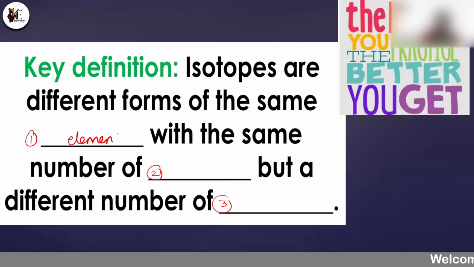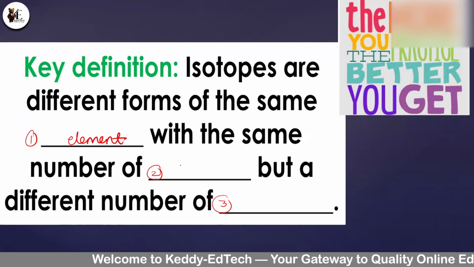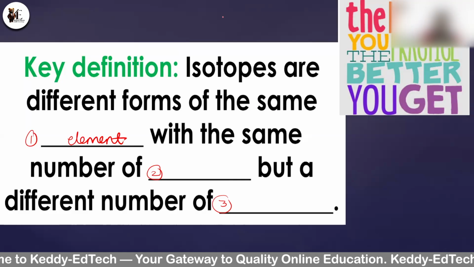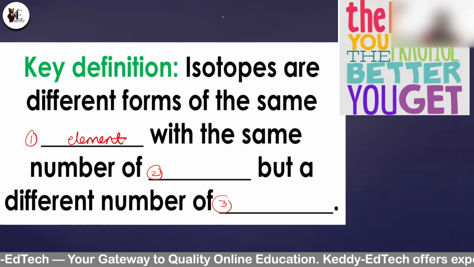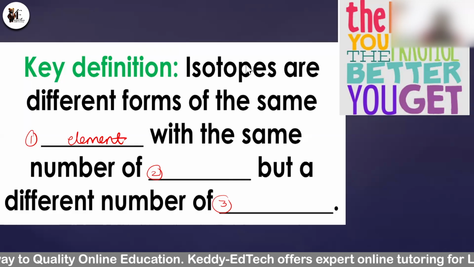Isotopes are different forms of the same element with the same number of... Wait, I forgot to write the heading. That's why I didn't find it. Why did you forget to write down the heading? Heading is important. Without heading, how can you study what you are studying?